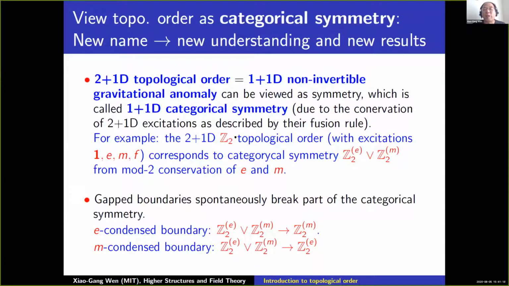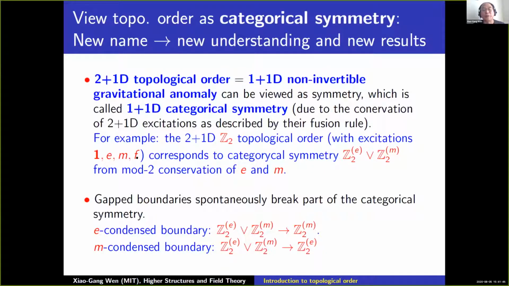The 2+1D Z2 topological order has conservation laws. You know, the E particle has a Z2 conservation because of the Z2 fusion rule. The M particle also has a Z2 conservation because the M particle also has a Z2 fusion rule. So therefore, there are Z2 conservations in the 2+1D Z2 topological order because of the fusion rules. Certainly you can say the F particle also has a Z2 fusion rule.